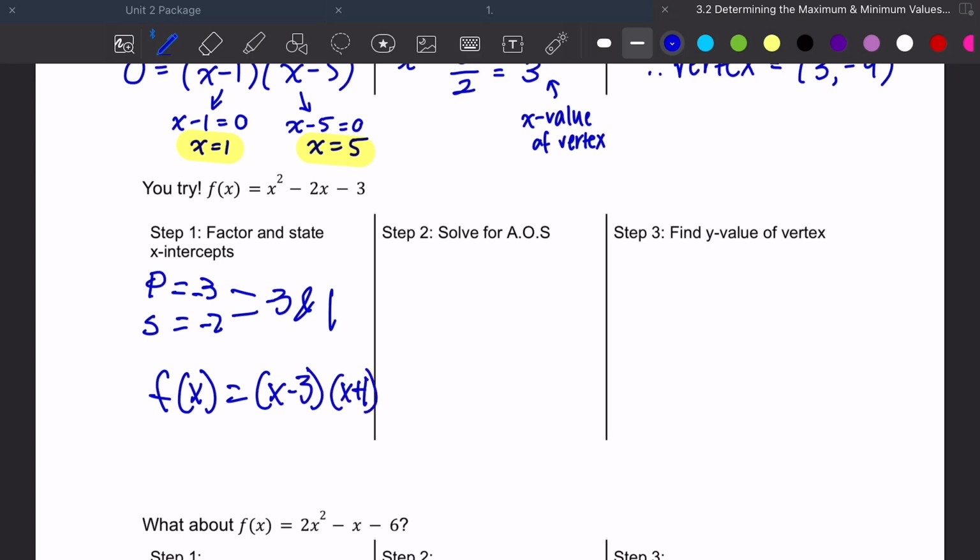And then what are my two x-intercepts then? Even in step 1, what are my two x-intercepts? x equals 3 and x equals negative 1. You got it, so let's state those.